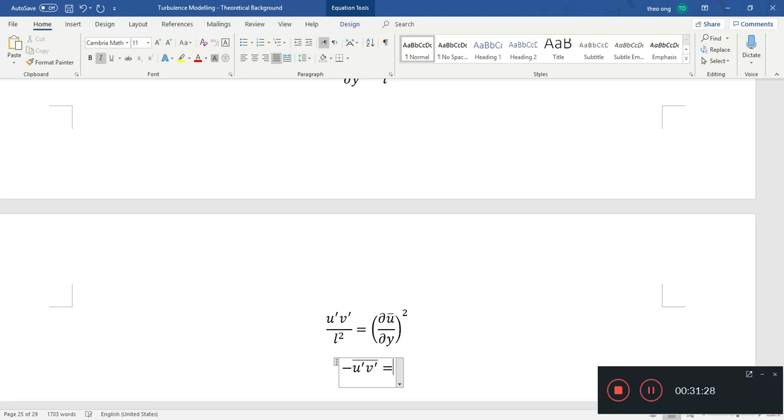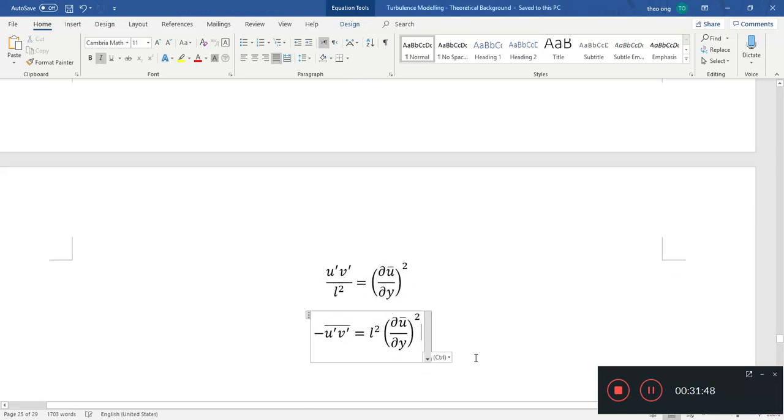The minus sign is just to make it consistent, but I ignore all the signs before to give you an order of magnitude estimate. Here the more important thing is order of magnitude. So it will be L squared times partial u partial y squared.